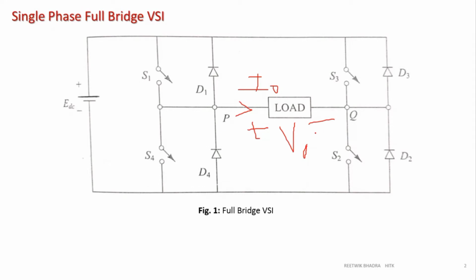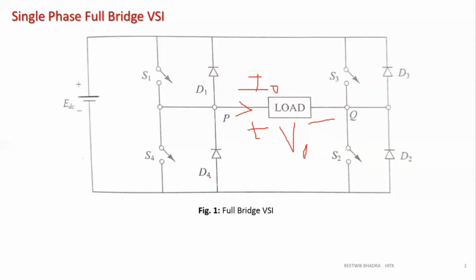Now, as we were studying yesterday's half bridge VSI, we were turning on the switch once, then turning off the switch, and drawing our circuit and analyzing it. Same over here. These diodes D1 to D4 will be used if the load is inductive. If the load is resistive, there is no use of these diodes. These are basically feedback diodes which feed back the inductor energy to the source.